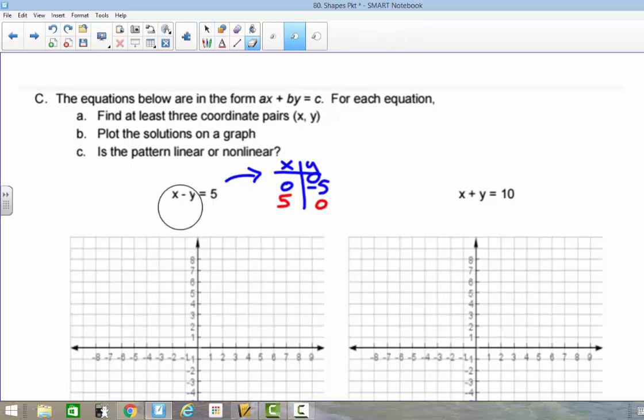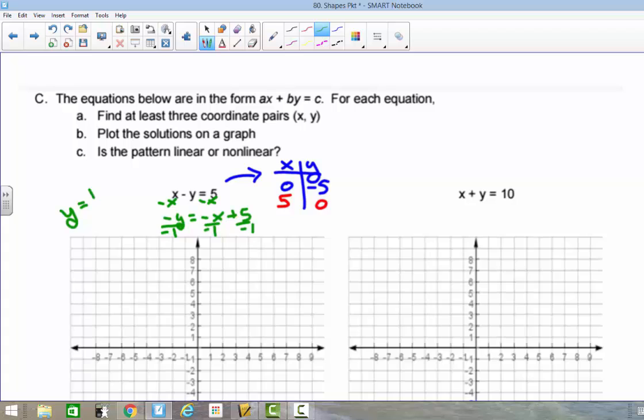And then you could just plug another random number in, or you could solve this, put it in y equals mx plus b. You would then need to divide by -1 to get the negative in front of the y gone. So the equation is y equals 1x minus 5, and that tells you that you start at -5 and then you go up by 1.